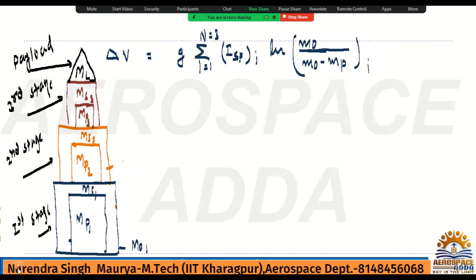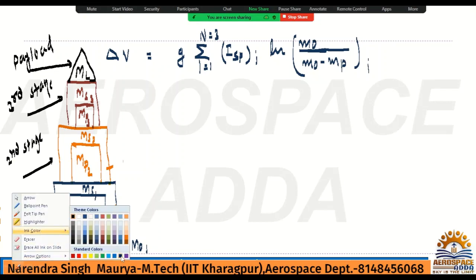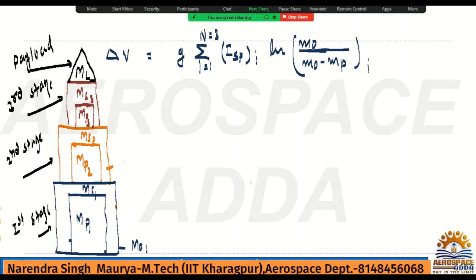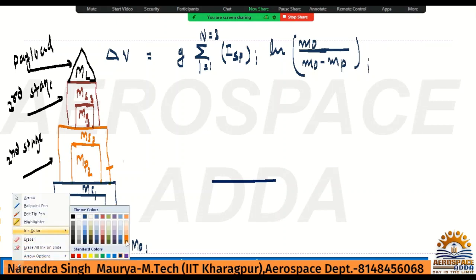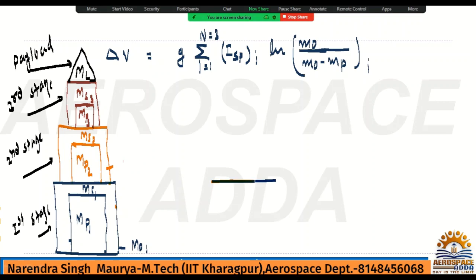So what will happen when the first stage is removed? When the first stage is removed, you will have only this part, and this will be M02 now.